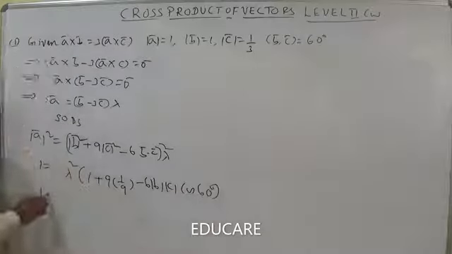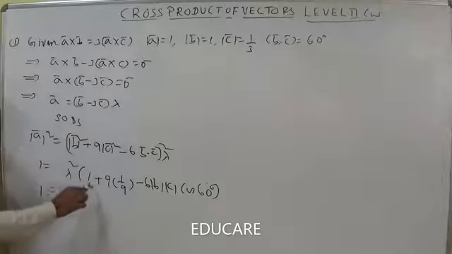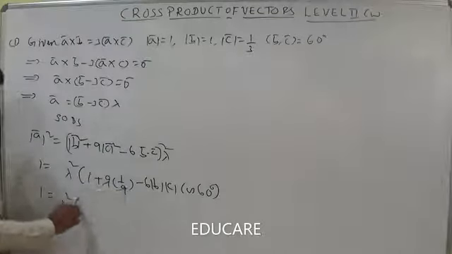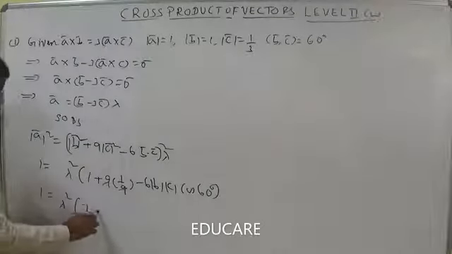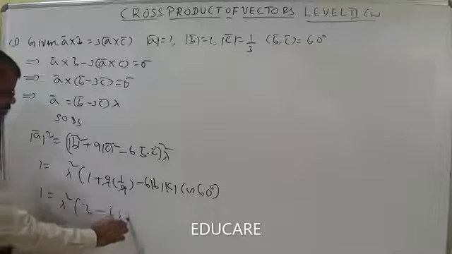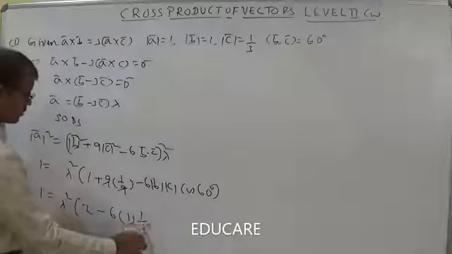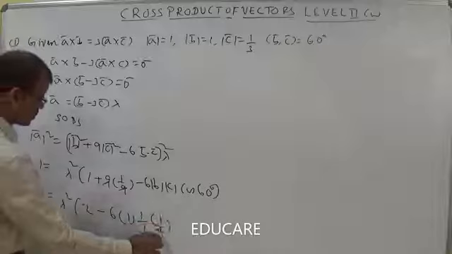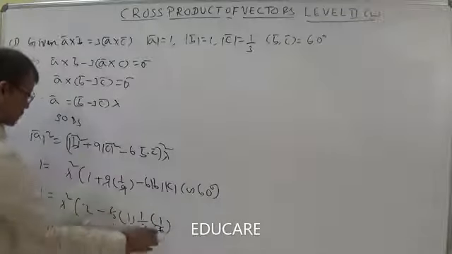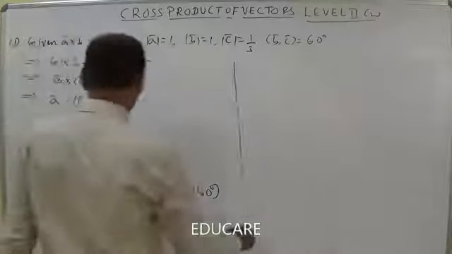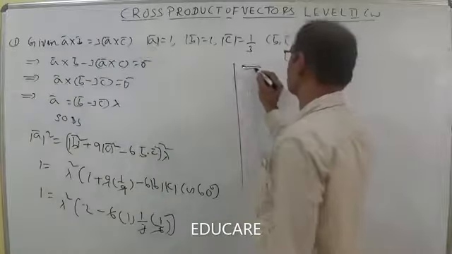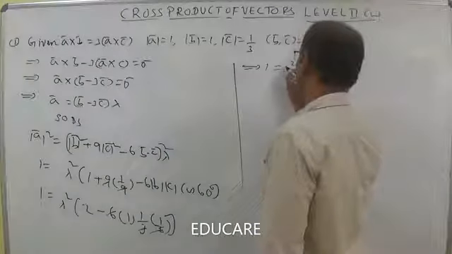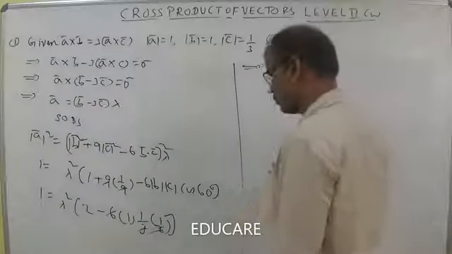Here 1 plus 1 becomes 2, minus 6 into 1 into 1 by 3 into 1 by 2; 2 threes are 6 and get cancelled. 2 minus 1 becomes 1. So 1 is equal to lambda square into 1.